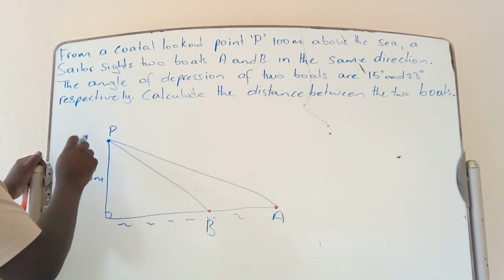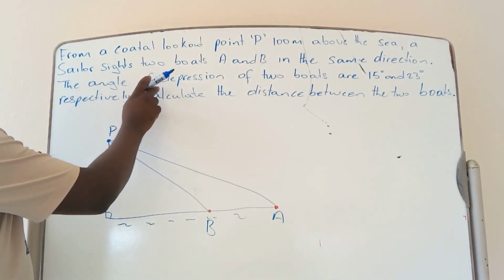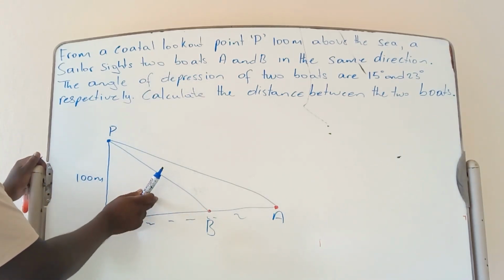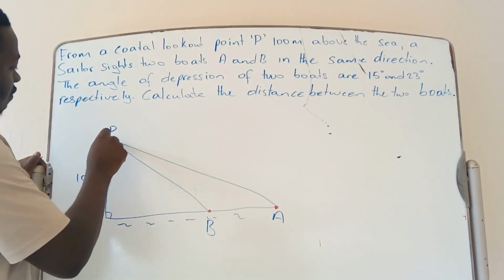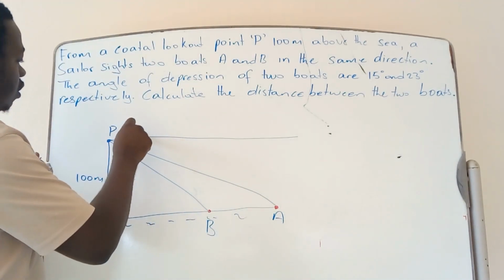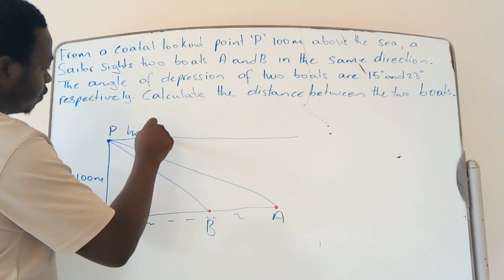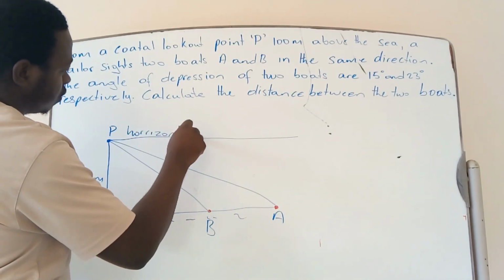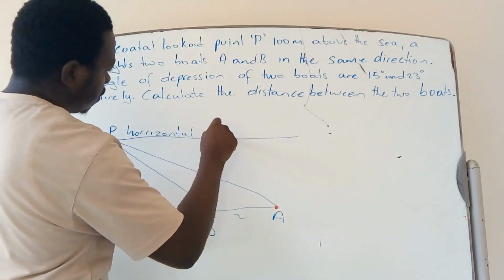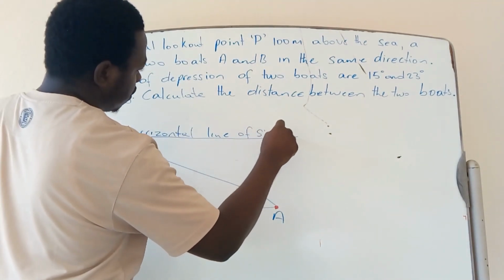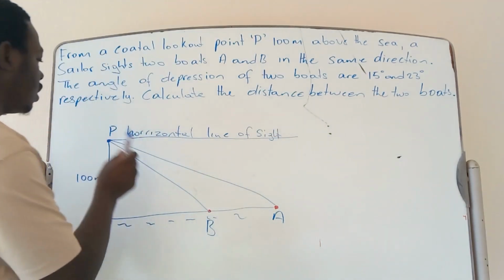They also give us the angle of depression. So if we have an angle of depression, what do we need? We need a horizontal line of sight first. So this is our horizontal line of sight, right?